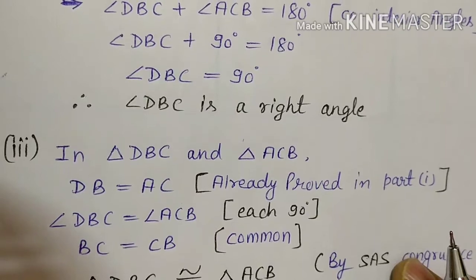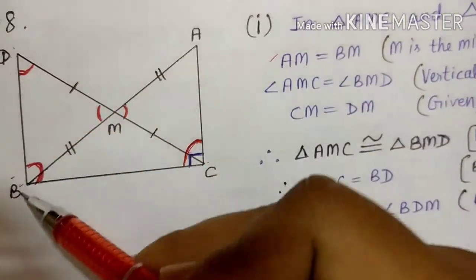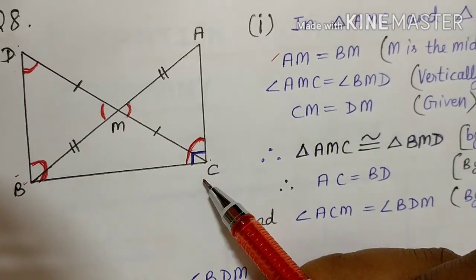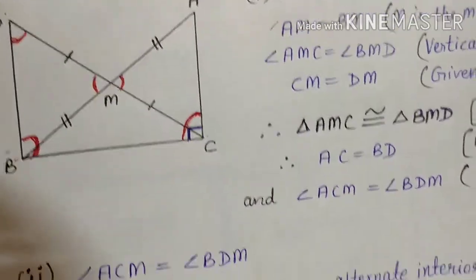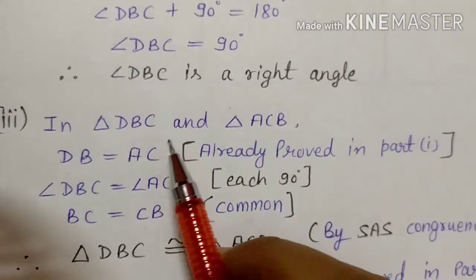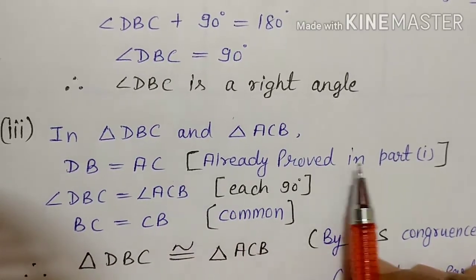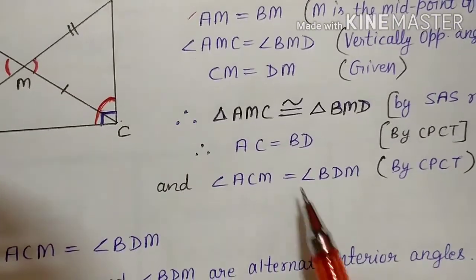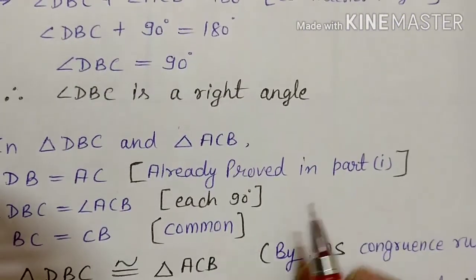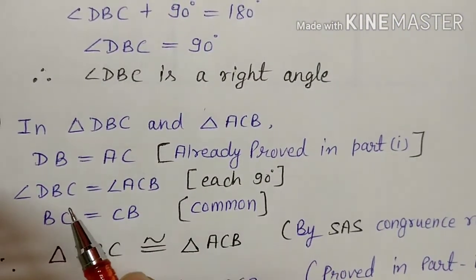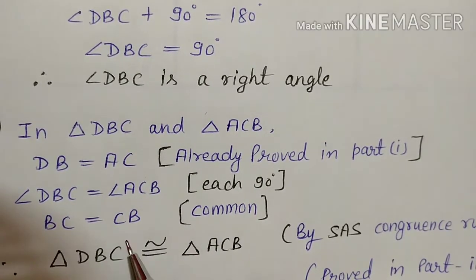Now move to the third part. In the third part we have to prove that triangle DBC is congruent to triangle ACB, left side to right side. In triangles DBC and ACB, DB equals AC, which we proved in part 1. Angle DBC equals angle ACB, each 90 degrees. And BC equals CB, you can say BC or CB, both are the same, so they are common. So by the SAS congruency rule, triangle DBC is congruent to triangle ACB.